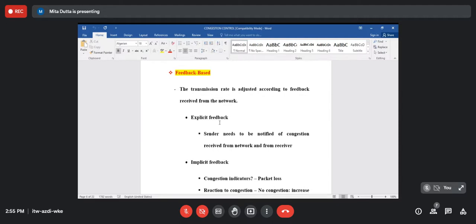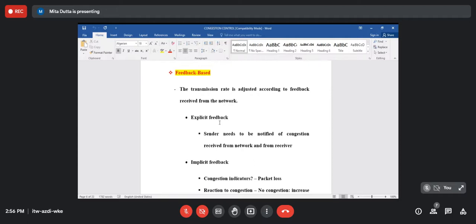If a router finds that there is congestion in a network, the router will send a signal to both sender and receiver that congestion has occurred in the network. And here we will see later on that two signals are used.